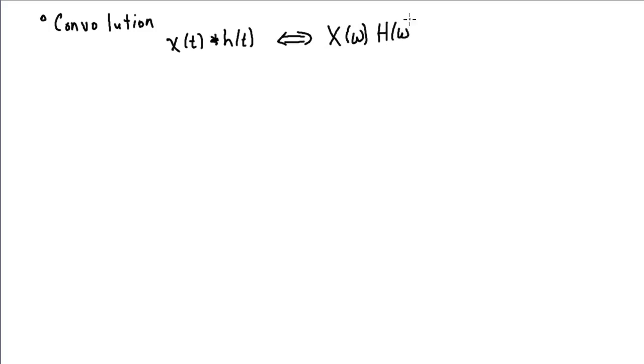Okay. And probably the most important property to us, because it allows us to find the output of our linear time invariant systems for a given input. We know that we can find the output by convolving the input with the impulse response. The Fourier transform of this convolution is just multiplication. So we multiply the Fourier transforms of the input signal and the impulse response.